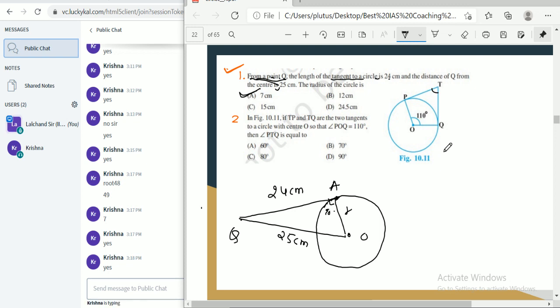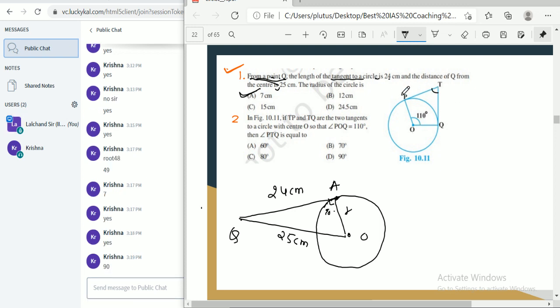Okay, if we look into this quadrilateral, we have angle P and Q as 90 degrees, isn't it? Angle P and Q should be 90 degrees, and this angle is provided to us, and angle T we need to calculate.